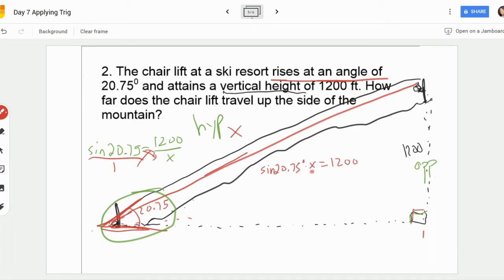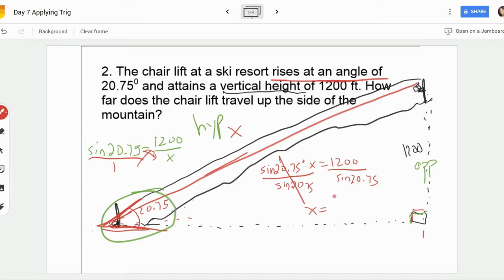And then to get x by itself, we're dividing. Those are gone. X by itself. You have basically the length of the chairlift, or how far up the mountain it travels. So this would be 1,200 divided by sine 20.75.